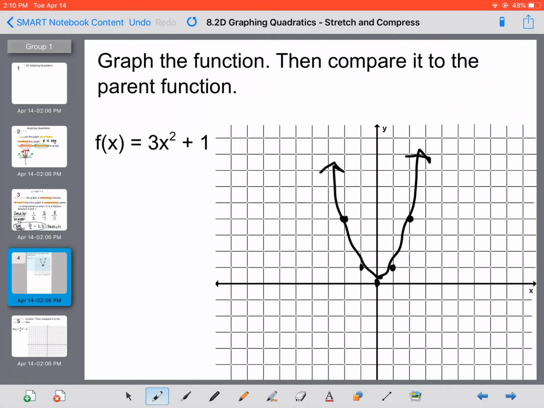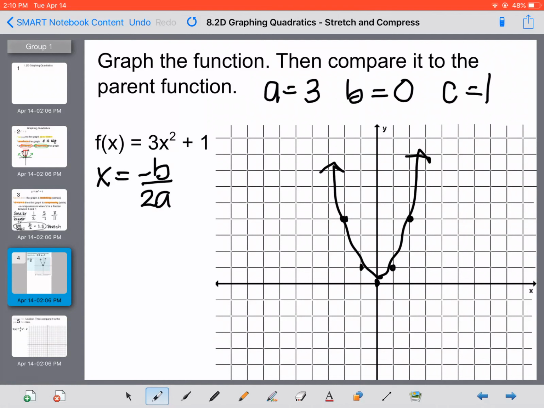So, in order for us to graph it, we want to find our vertex. We just learned a few days ago how to find our vertex. That's x equals negative b over 2a. And in this case, our a is 3, our b is 0, and our c is 1.